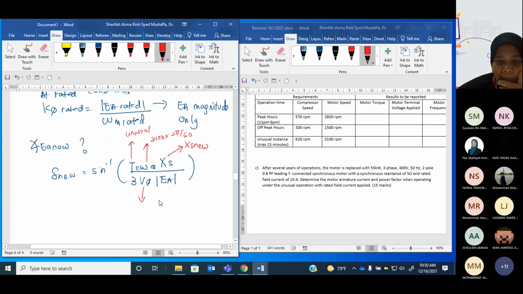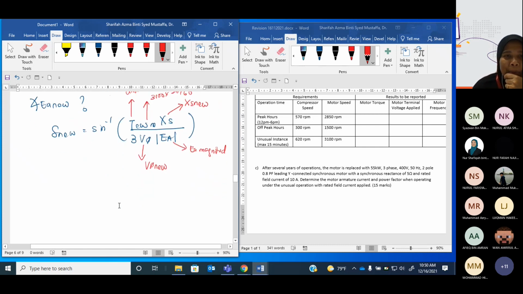V phase? V phase new. So EA is the magnitude yang tadi. Alright. This is how you calculate for the angle. And after you get the angle, you can put into formula so you can calculate for IA. IA must have magnitude and also angle.